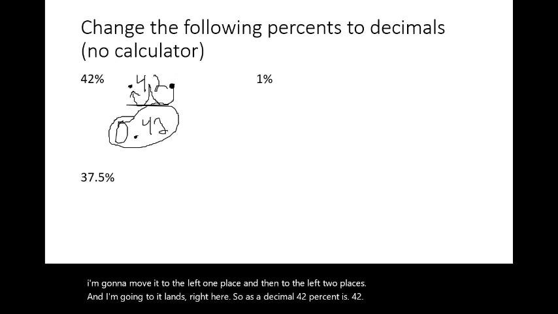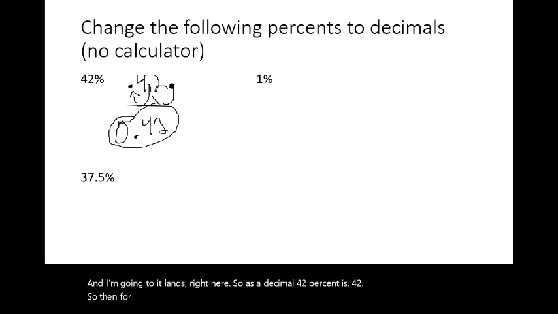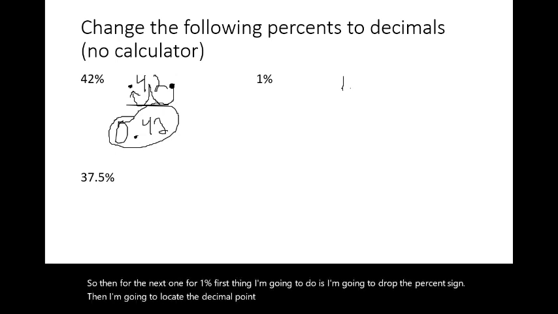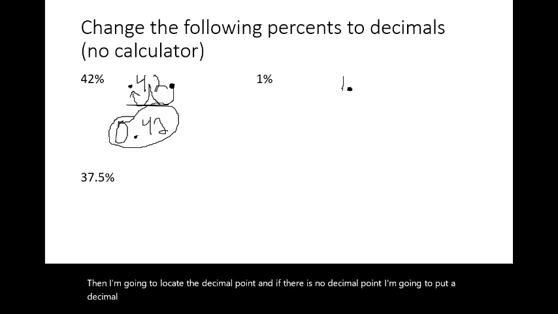So then for the next one, for 1%, first thing I'm going to do is drop the percent sign. Then I'm going to locate the decimal point, and if there is no decimal point, I'm going to put a decimal point on the right end of the number. And then I'm going to divide this by 100 by moving the decimal point to the left 2 places.